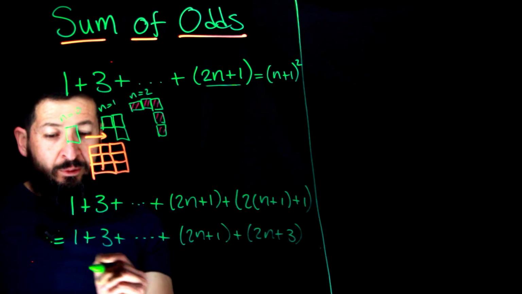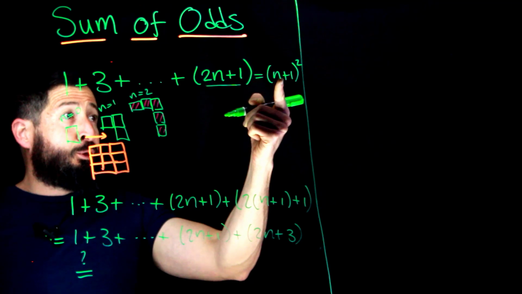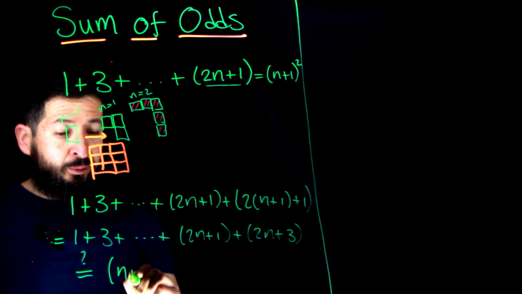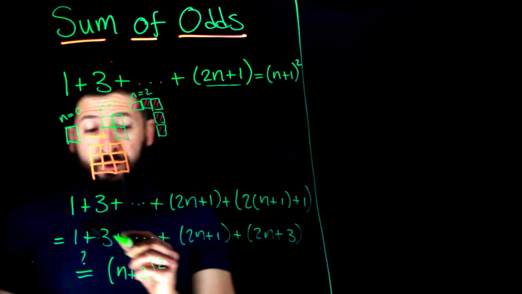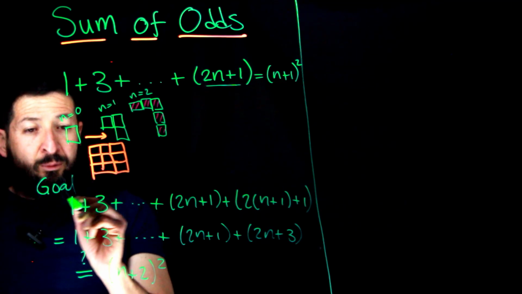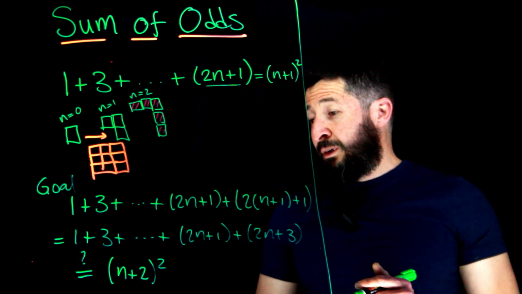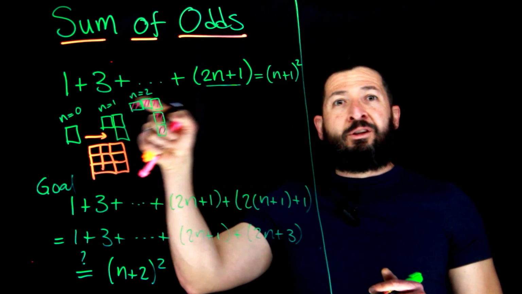So we would have to show that this is equal to plugging in n plus 1 here: n plus 1 plus 1 is n plus 2 squared. So that's what we would have to hope to show: that when I add up to 2n plus 3, I get n plus 2 squared. Of course, I will have to assume that this one is true.